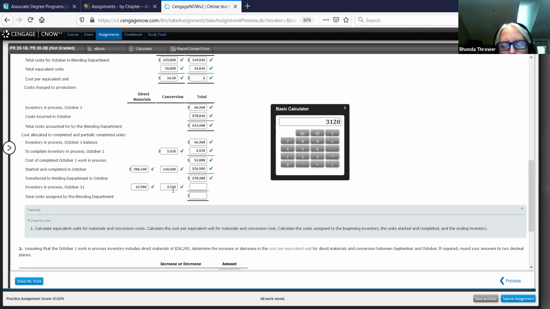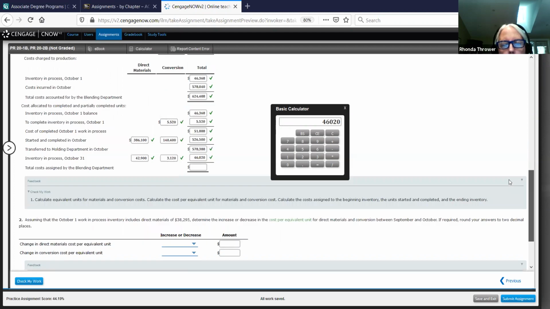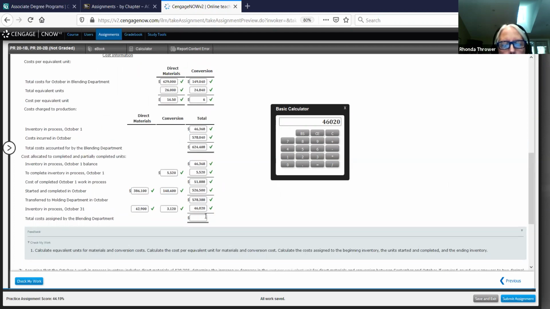The materials plus the conversion cost will give you the total ending inventory cost. So your total ending inventory is 46,020.